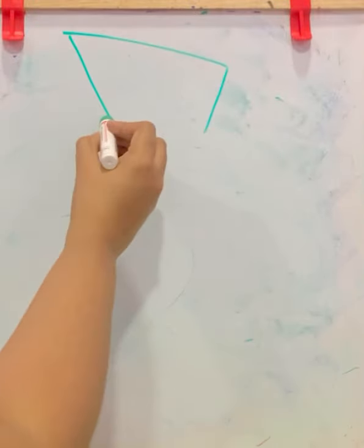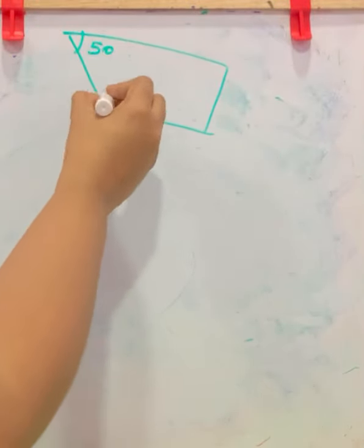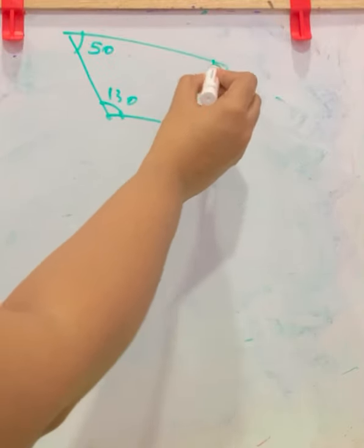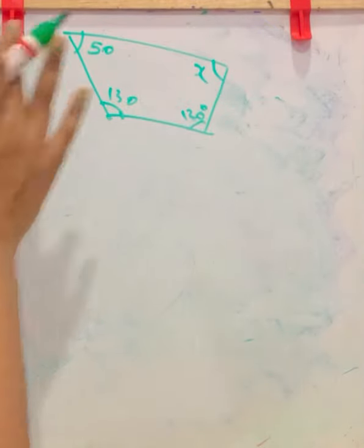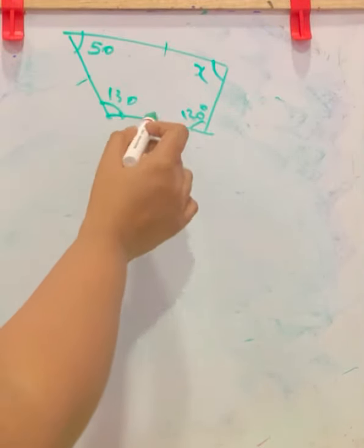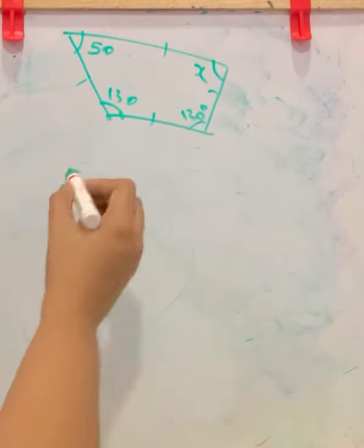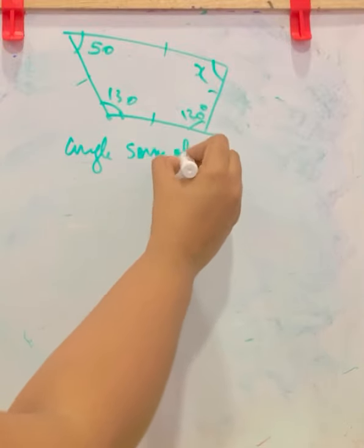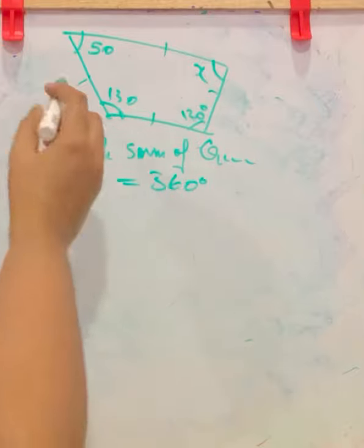A figure is given. This is 50. This is 130. This is 120 degrees. This is x. We have to find x. Now we know how many sides there are. This is a 4-sided figure called a quadrilateral, and the angle sum of a quadrilateral is 360 degrees.